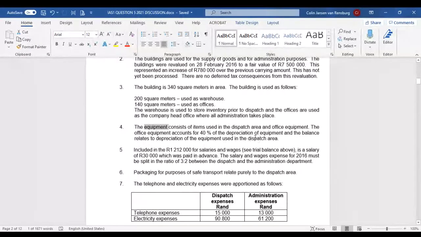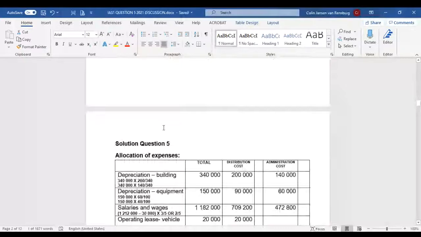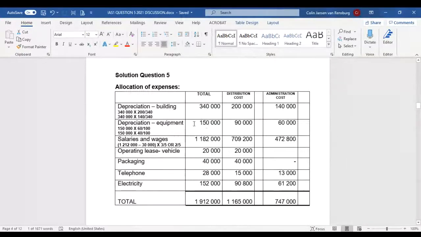We know that is part of our warehouse, so that has to do with our dealings with our customers. So that will be part of our distribution function, right? So we've already got the amount of 150. 40% we see should go to admin, and the rest to distribution, right? So that is exactly what we do.